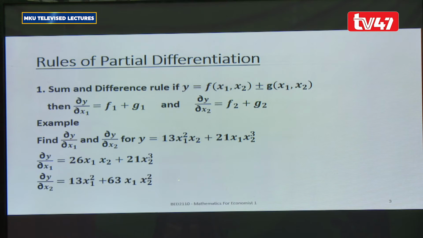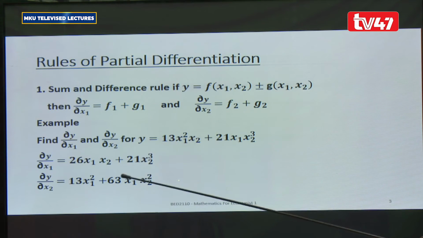You also can get the partial derivative of this function with respect to x2. Now, we are to differentiate the first function in that big function with respect to x2. So this one will be 13x1 squared plus 63x1 x2 squared.